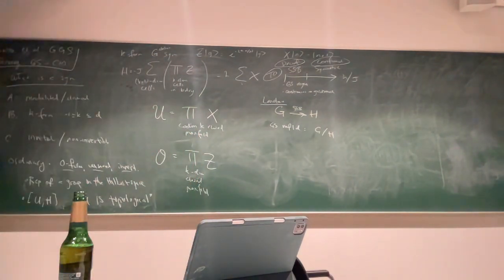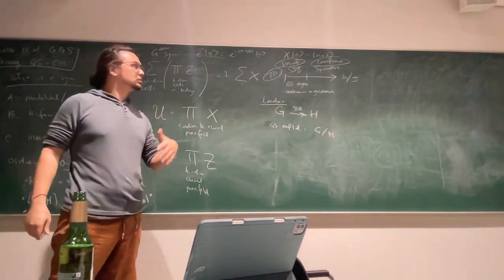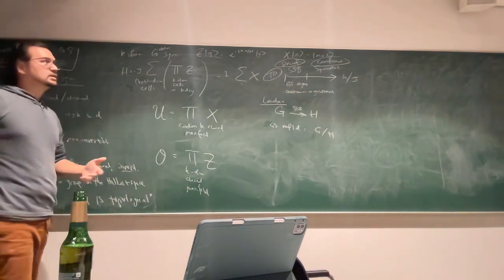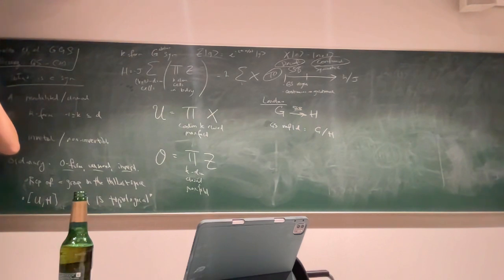So deconfined phases of gauge theories and topological orders, like in the toric code, can be understood within this symmetry breaking paradigm of Landau. That's the lesson for higher form symmetries.